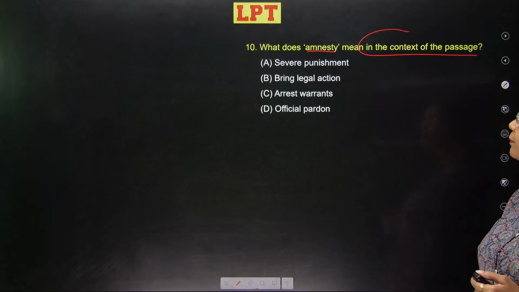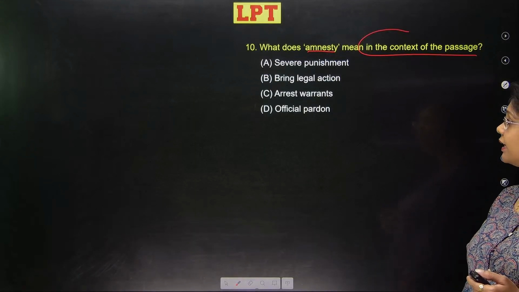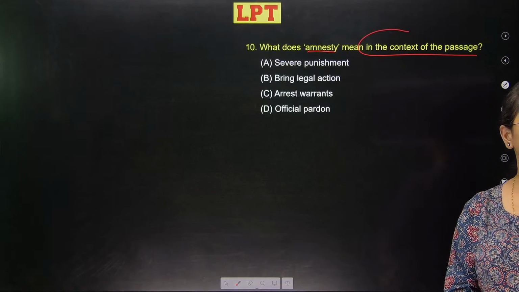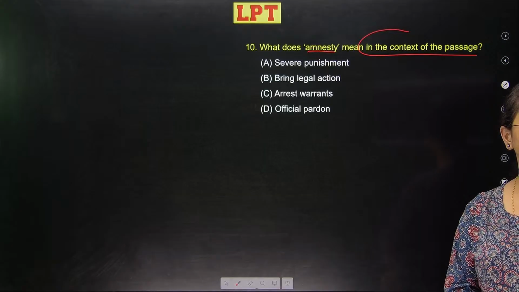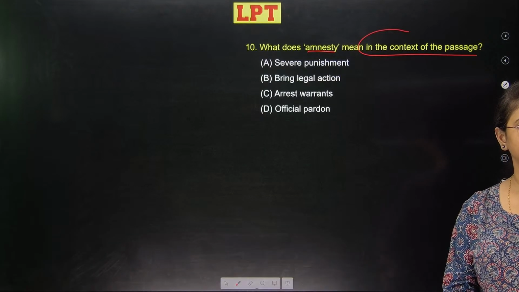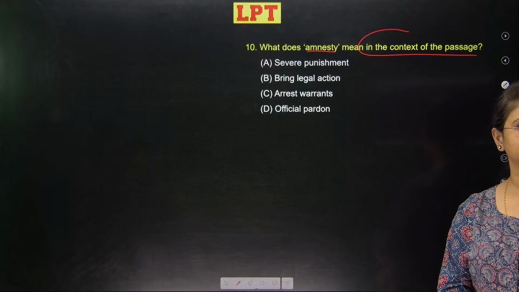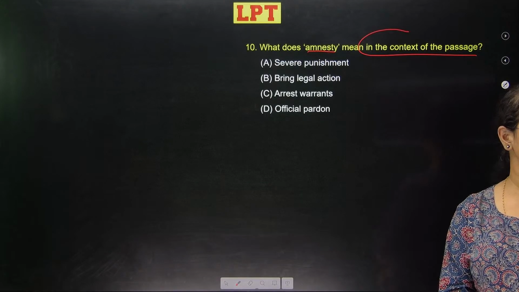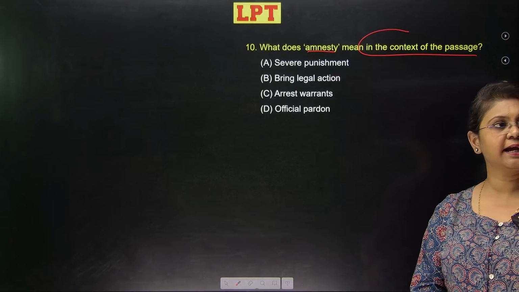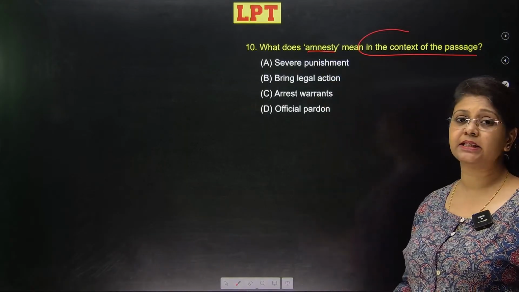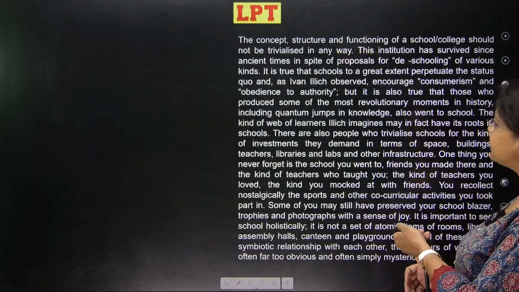So is it severe punishment, bring legal action, arrest warrants, or official pardon? Any answers, guys? For example, if you look at these options, amnesty has been used in the passage somewhere over here.